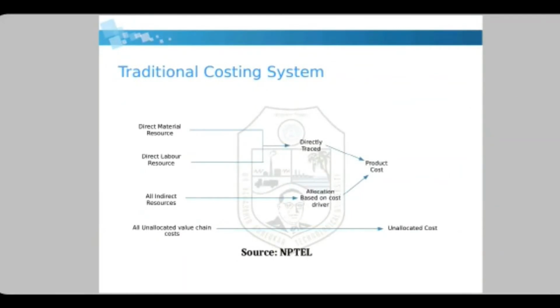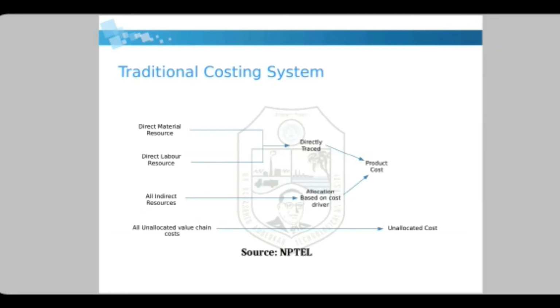There are two types of costing system. First is the traditional costing system and second is the activity based costing system. We have talked about the traditional costing system so far, but this is the diagrammatic representation. The product cost can be calculated on the basis of direct material cost and direct labor cost.